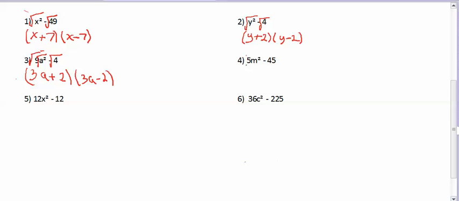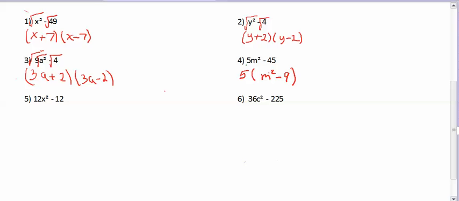Okay, now let's look at this one. We've got 5 and 45. I don't know what the square root of either one of those are. It's not a perfect square, so there's no square root of it. So I'm looking at maybe there's another option here. Could I take out the 5 and I end up with m squared? Can I take out a 5 from the 45 and end up with a 9? And it's negative.